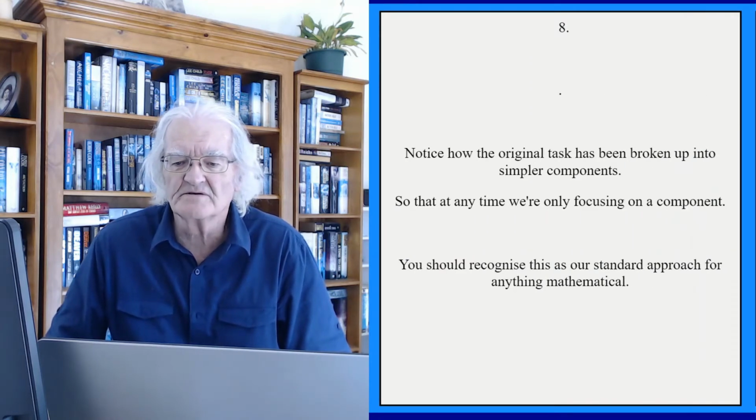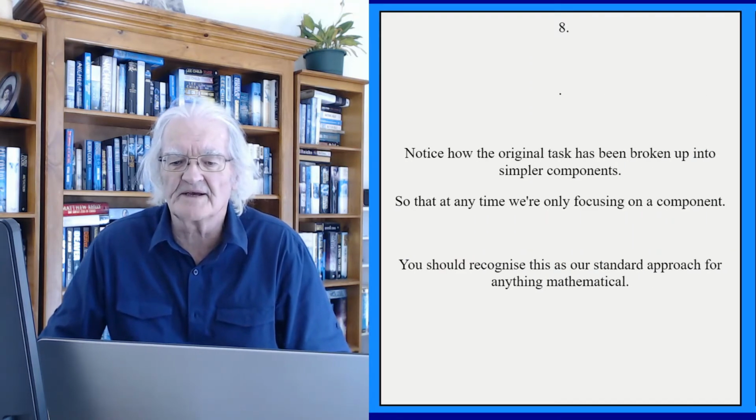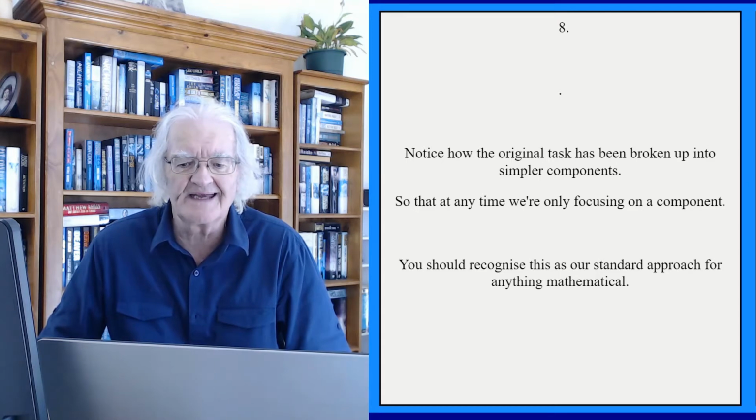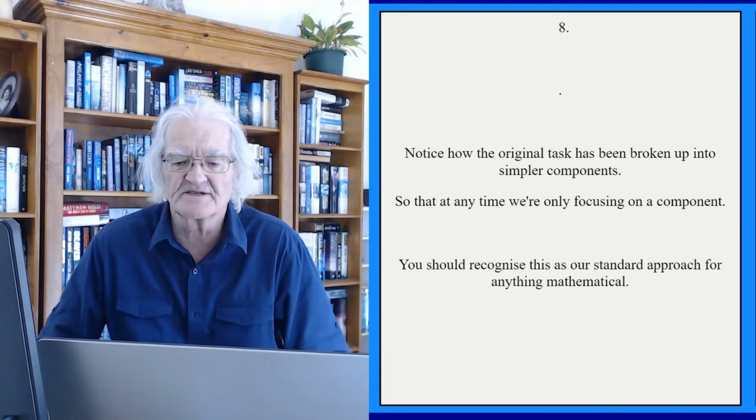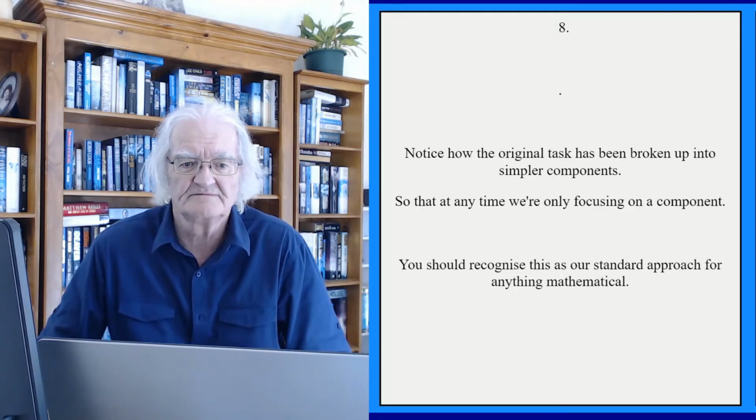Notice how the original task has been broken up into simpler components, so that any time we're only focusing on a component, you should recognize this as our standard approach to anything mathematical. Always try to break the task down into something simpler.